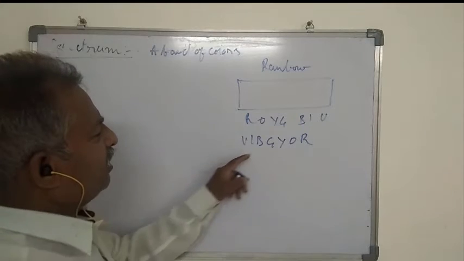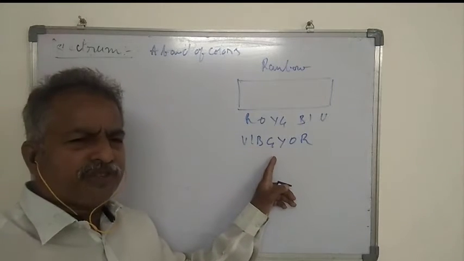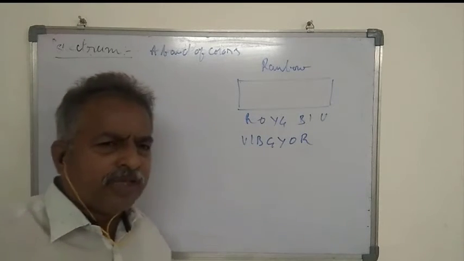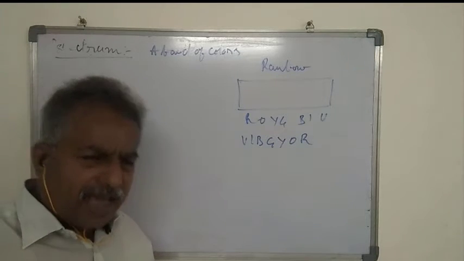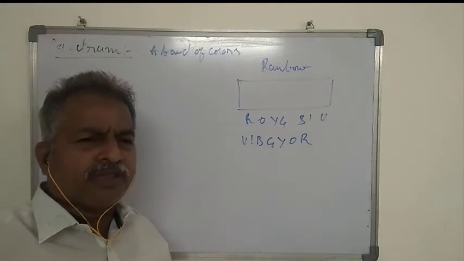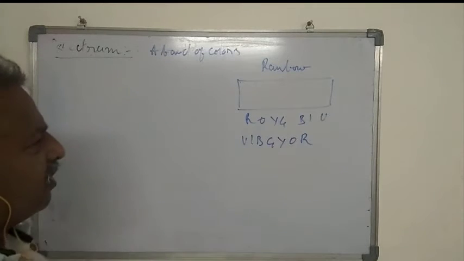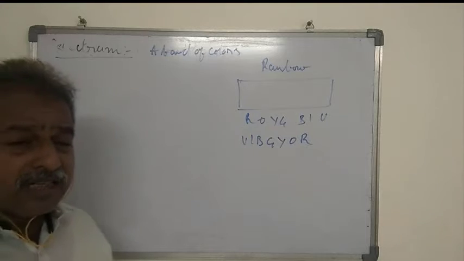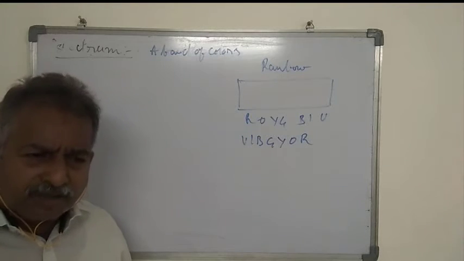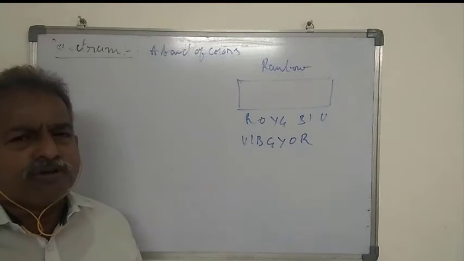So violet mixes with indigo, indigo mixes with blue, blue mixes with green, etc. So the colors merge with one another as we observe in the rainbow. That is continuous spectrum. So as electron radiates energy continuously, a continuous spectrum like rainbow should be obtained.